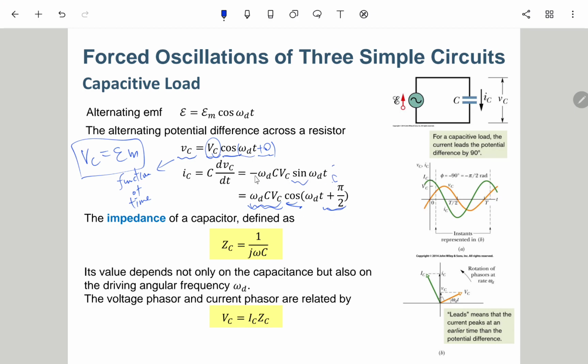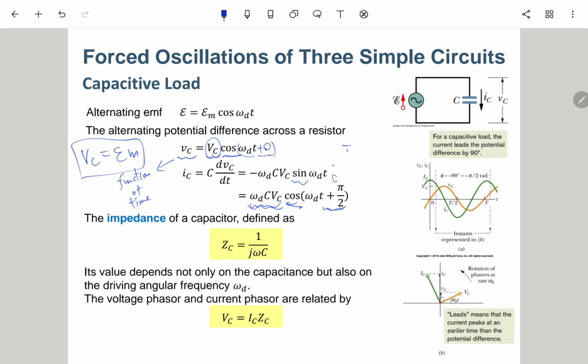Negative sine of omega d t is cosine of omega d t plus pi over 2. Because the second quadrant of the cosine is negative and the second quadrant of the sine is positive, here we have a negative sign. So it becomes something like this. This is a positive amplitude, this is a phase.